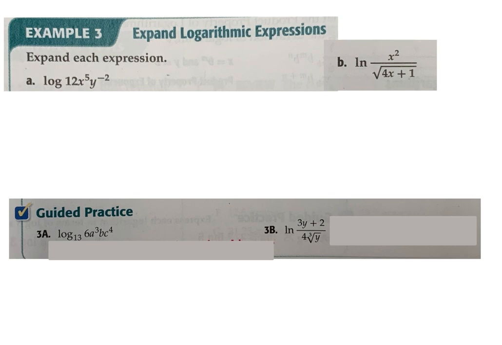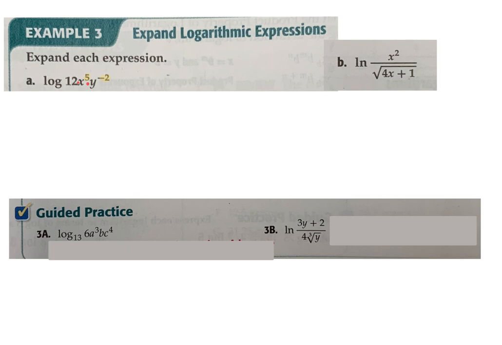So I have a multiplication here, and I always look between the variables, not really between the numbers. So we'll look at the variables first. We have a multiplication between the two variables. We do have a multiplication between the 12 and the x, all right? And then we have some exponents that we're going to expand as well, all right?